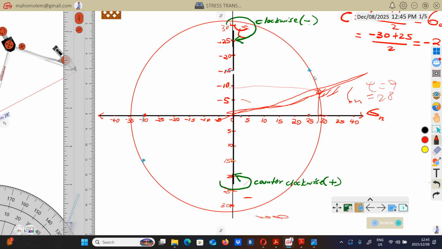So if you want to find the stress at this point, it is going to represent the stress on that element when it's tilted, or when it's at this plane, when it's rotated to this angle. So as I've said, any point on the cycle represents the state of stress on a corresponding phase of the element, so you can find stress at different planes.